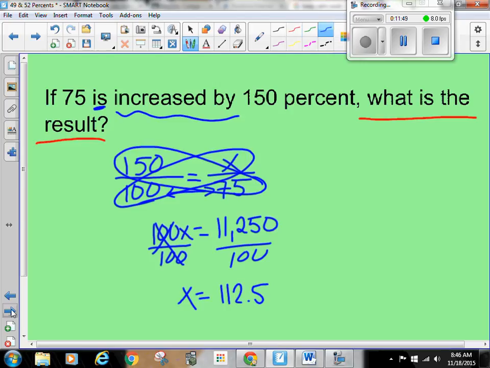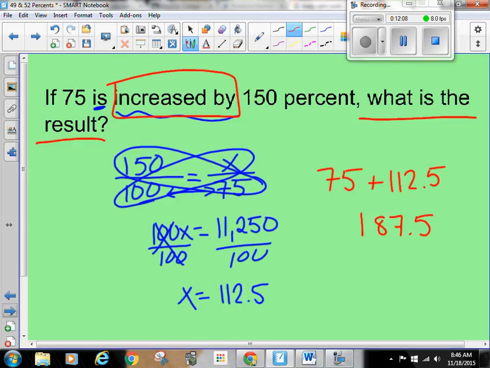And that means after we add the 150, remember it said increased by. Okay, so we have my original 75 plus we're adding my 150%. So we want to go ahead and do that. And we find our 187.5 as our solution. So make sure that you're answering the question that they ask you, not just what the percentage is.